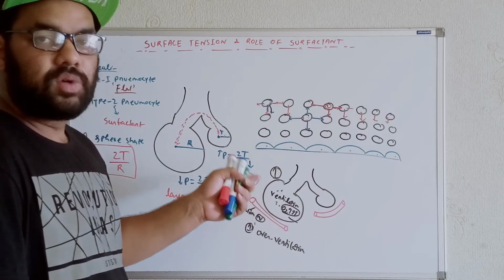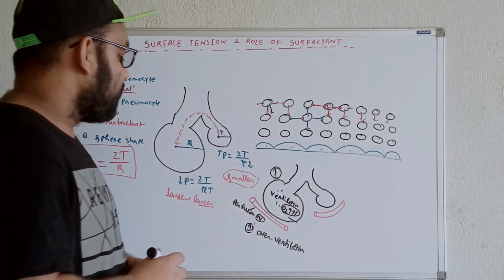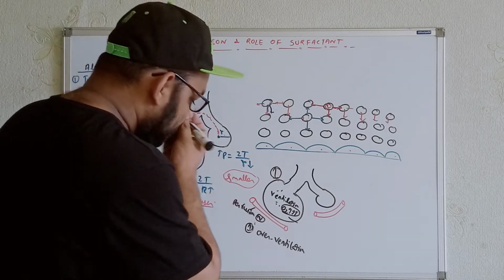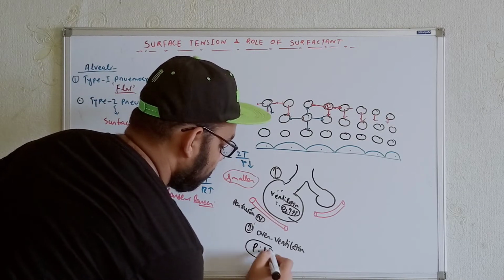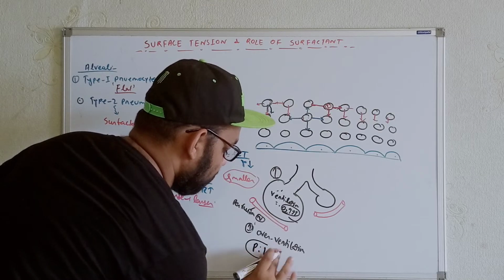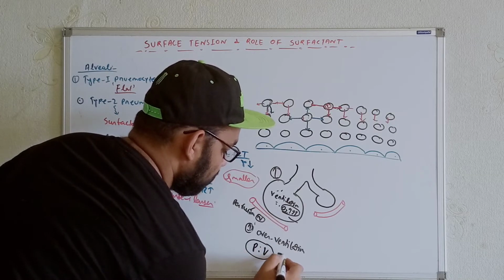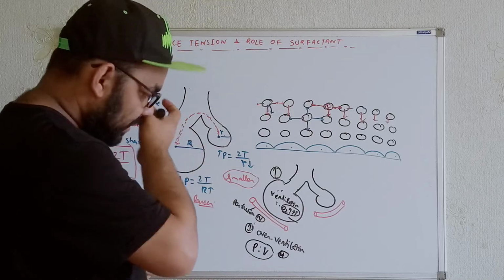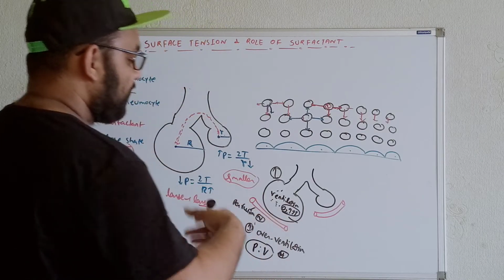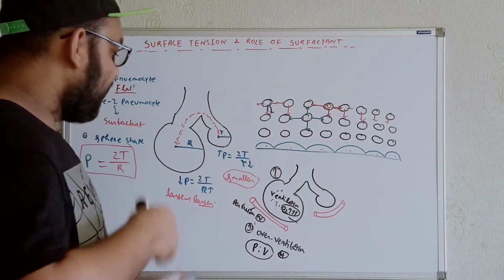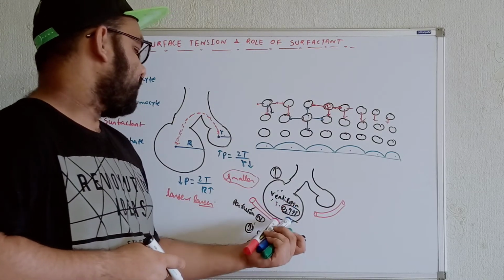So in these cases there will be a problem as far as the perfusion-ventilation ratio is concerned. This ratio will not be matched totally. In these cases we will see some extra amount of air that will be wasted, because some extra air will not be able to get exchanged with the blood.